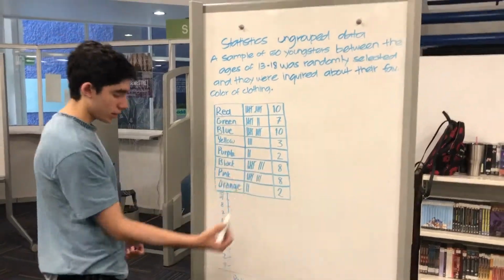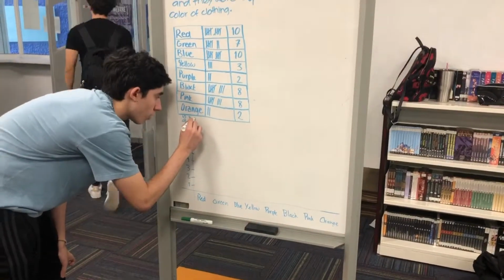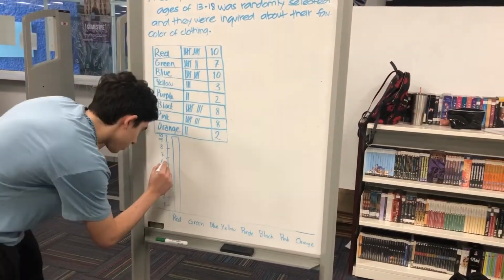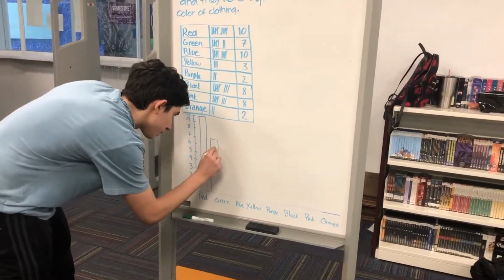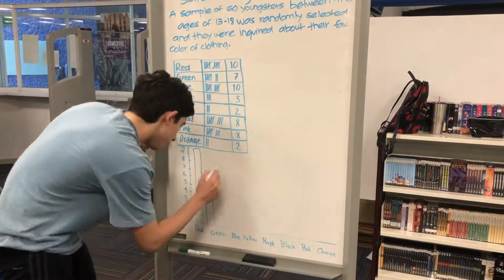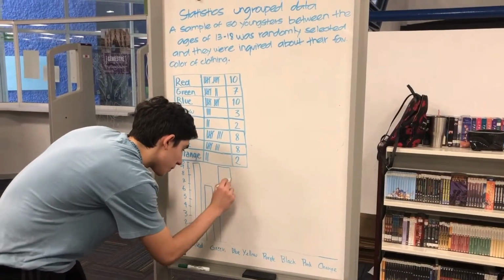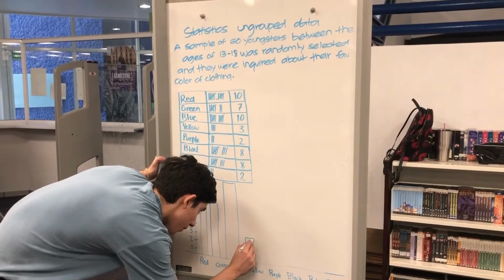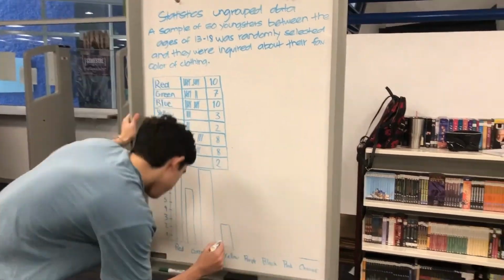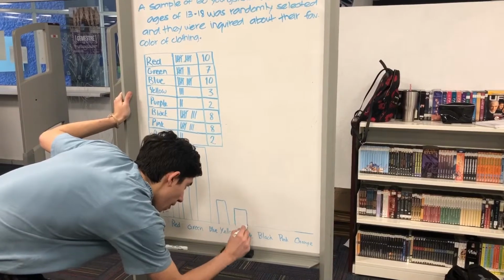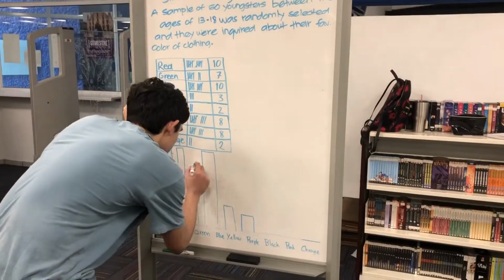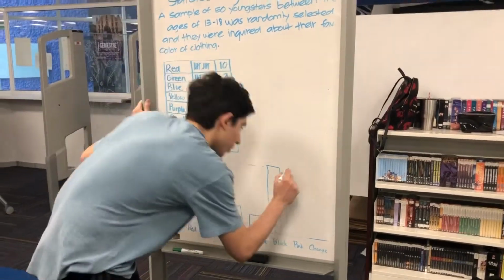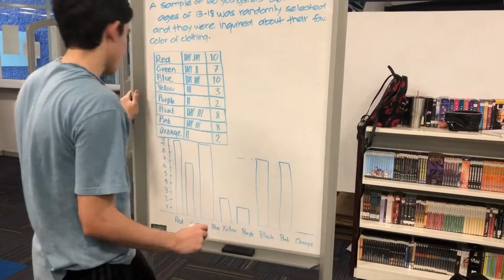So red, and then green, blue, yellow, purple, black, pink, orange.